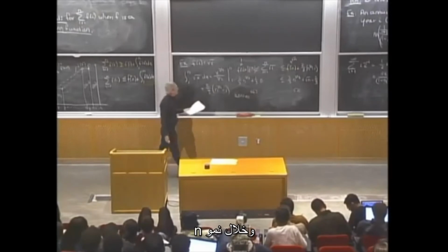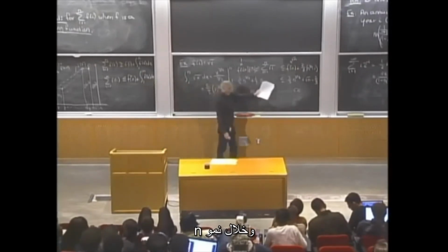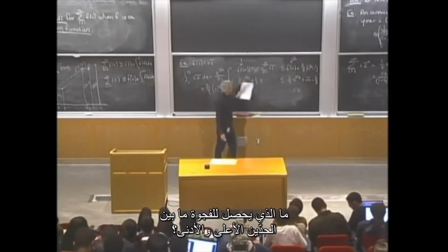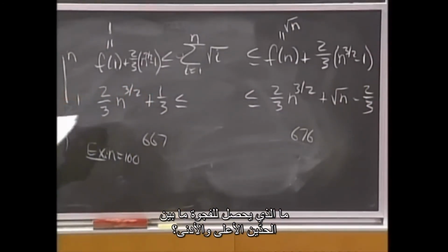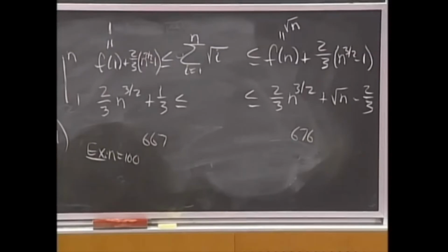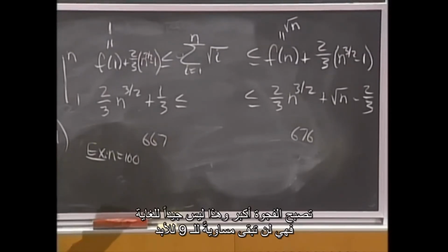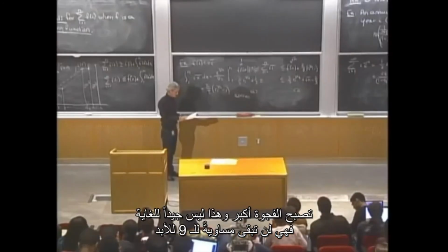Now, as n grows, what happens to the gap between the upper bound and the lower bound? It gets bigger. So my gap gets bigger. Well, that's not so nice. It doesn't always stay 9 forever.